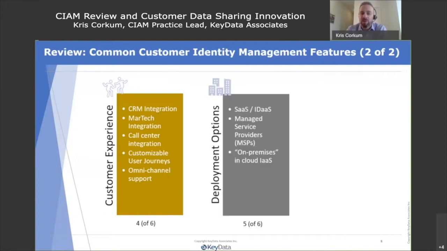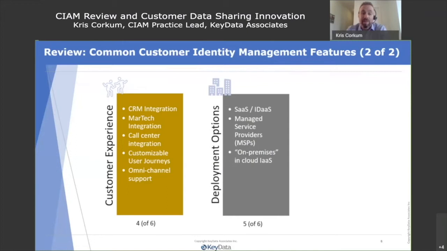So CIAM solutions can be deployed in various ways, and those are typically driven by the particular solution that you purchase. So SaaS, or identity as a service, is increasingly popular, and especially for more cloud-native organizations, while others want their solutions managed as a service by MSPs.